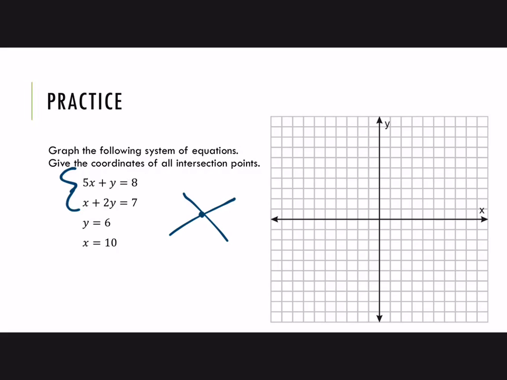If you can see it from the graph, then just double check, plug the point in to make sure that that point that you think is the solution makes both of these equations true. If it doesn't, then use substitution or elimination. All right. Look for horizontal and vertical lines, as sort of a hint there. Okay, and see what you can do with that.